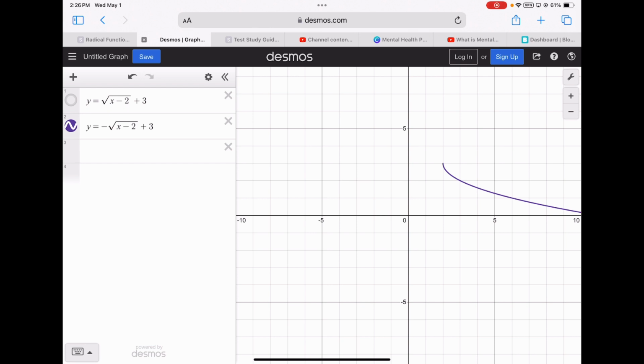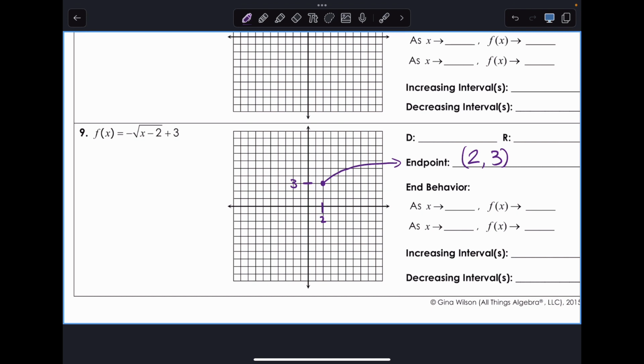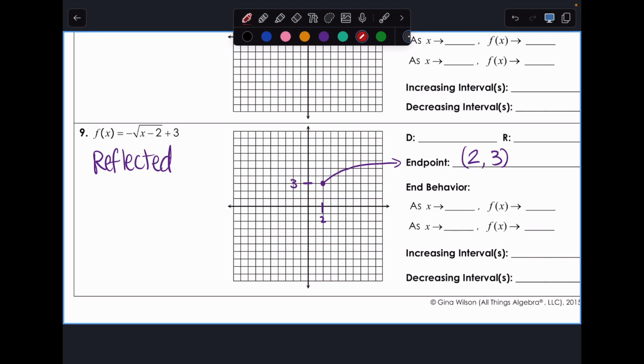Do you see that? So instead of writing that you reflected it over the x-axis after a translation, you have to say this is reflected over which axis? Where would the x-axis be after we have moved it?